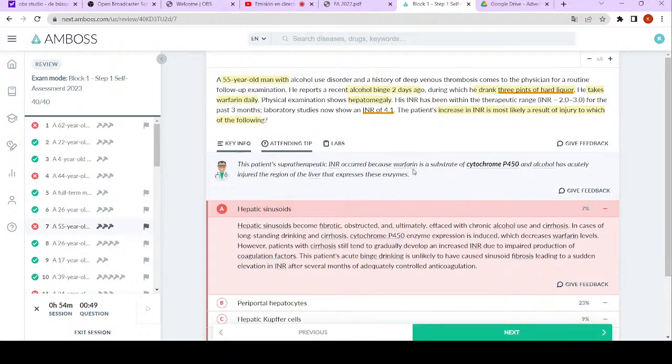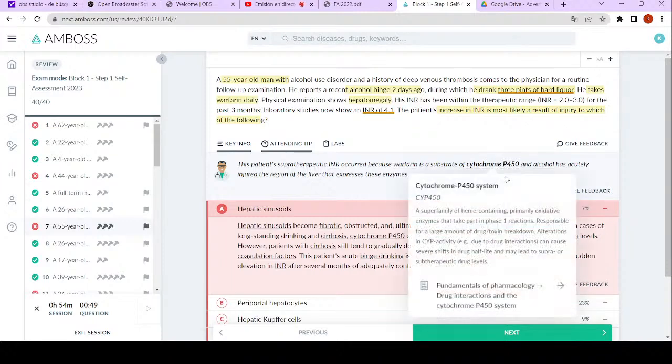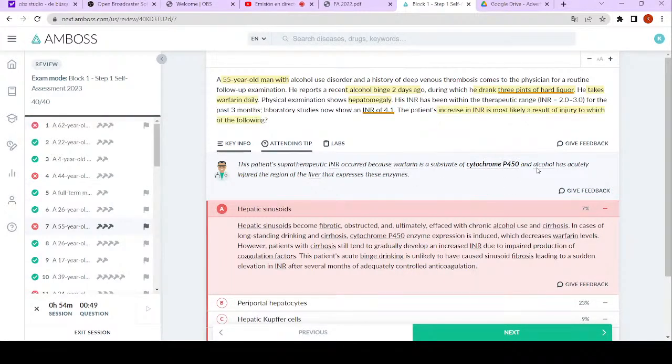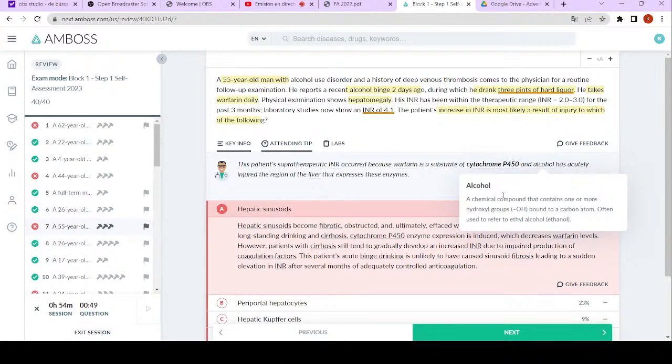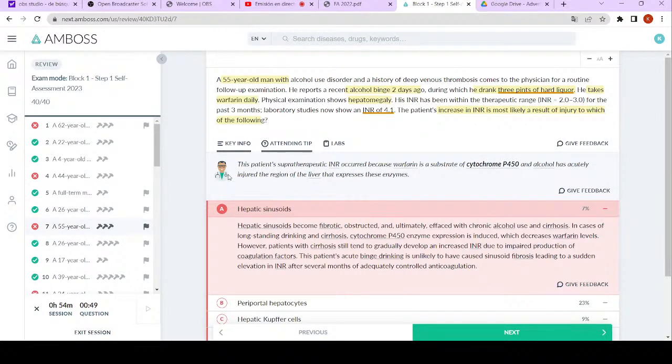The INR is elevated because warfarin is a substrate of cytochrome P450, and alcohol causes acute injury to a region of the liver that expresses these enzymes.